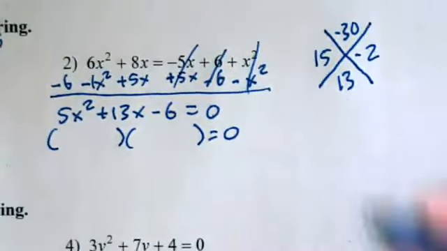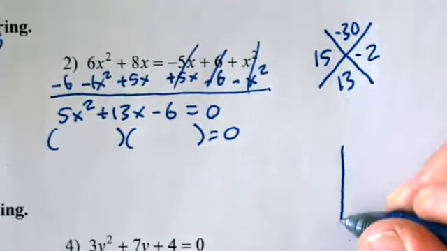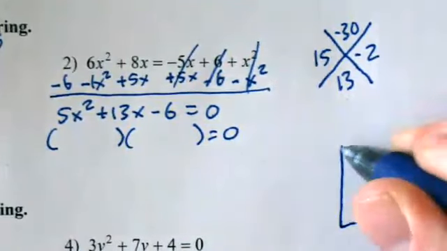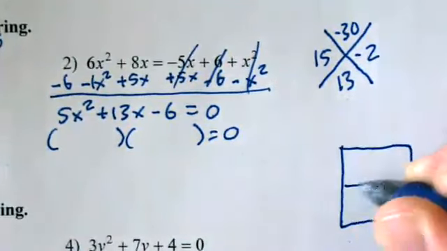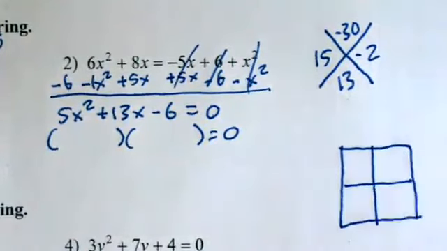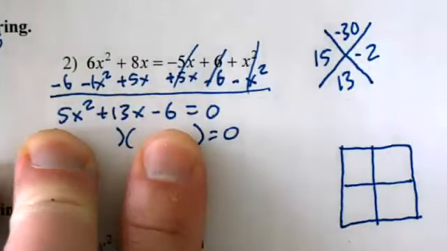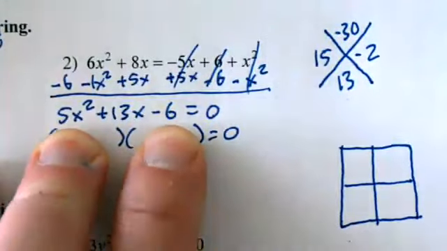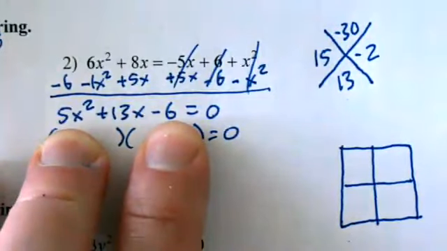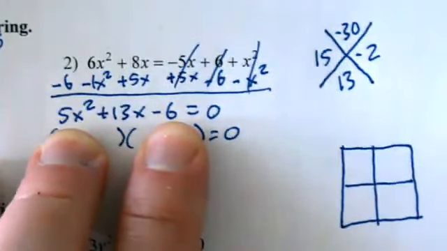So let's build a box based off of that. Okay, going back to my quadratic. Our box should contain that 5x squared and the negative 6. Can you remember where those two things go?